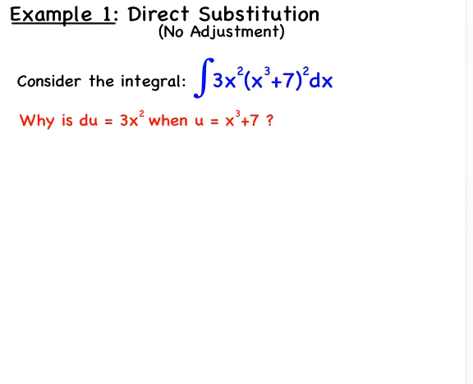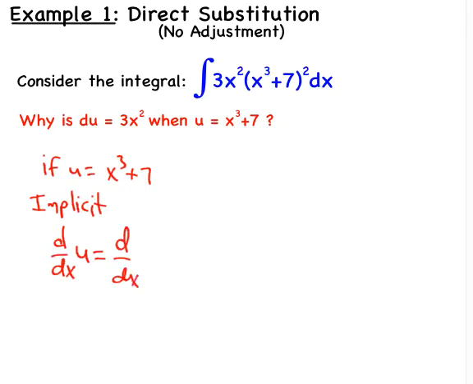In our next slide here, I ask why is du equal to 3x squared? Just to work this out, we say that if u is equal to x cubed plus 7, then by implicit differentiation, we take d dx of u is equal to d dx of x cubed plus 7.